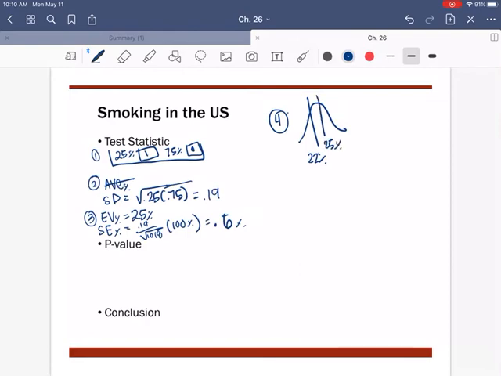Okay, step 4, we got 22%, but we expect 25%. That's less than, so we shade below.